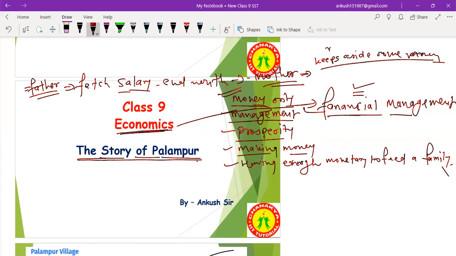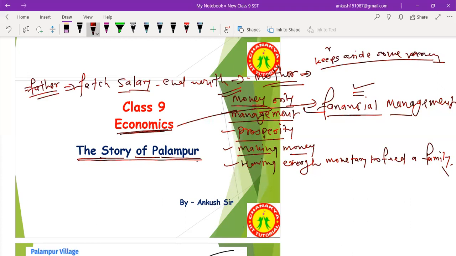So that kind of village is Palampur, about which we are going to fetch some information. We are going to study its economic activities. All these things are discussed in this chapter. Got it? Let us think for a while that you are living in a village.